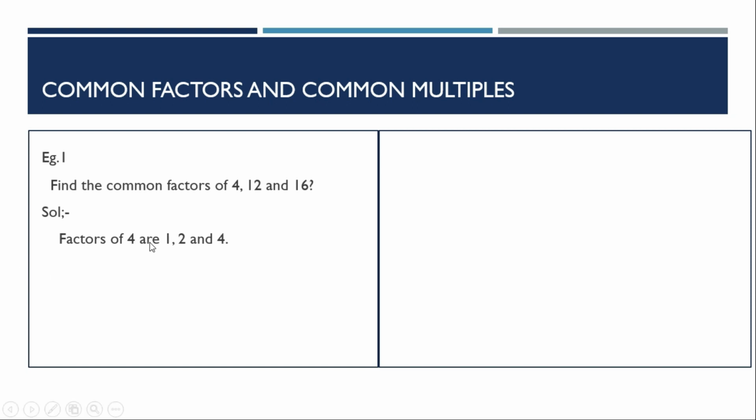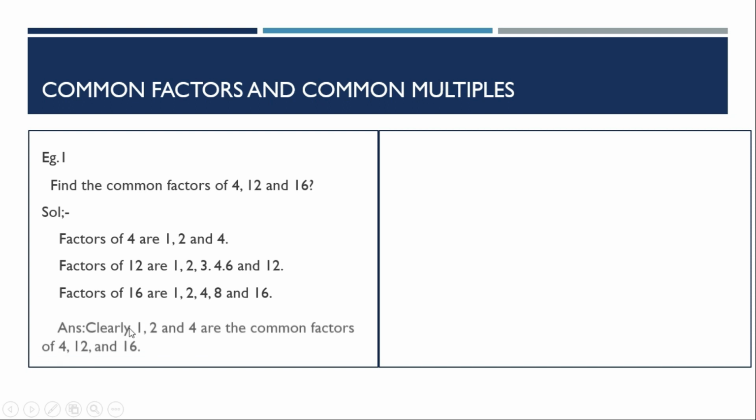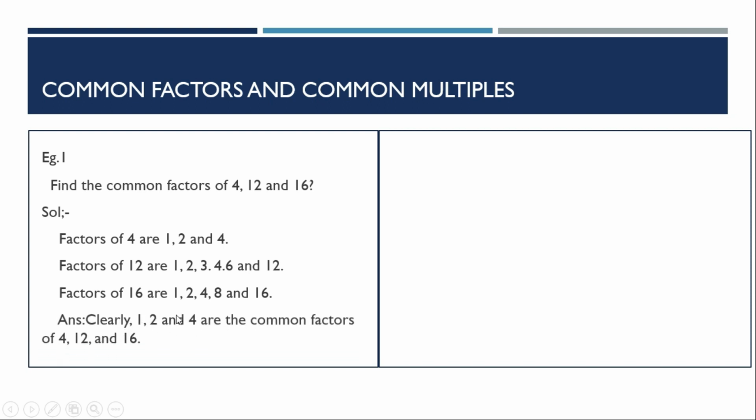Factors of 12 are 1, 2, 3, 4, 6 and 12. Factors of 16 are 1, 2, 4, 8 and 16. Now what are the common numbers we have? 1, 2, 4. So 1, 2 and 4 are the common factors of 4, 12 and 16.